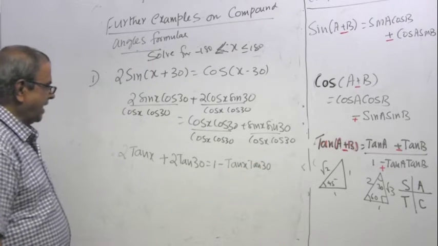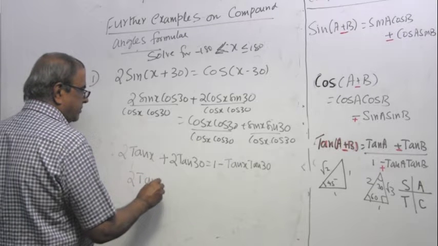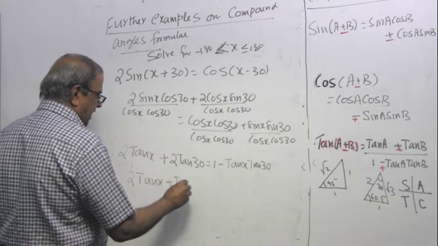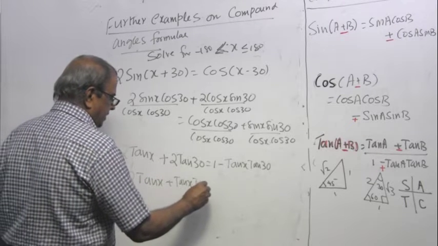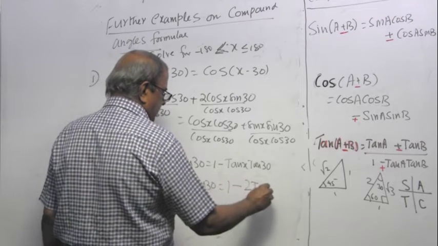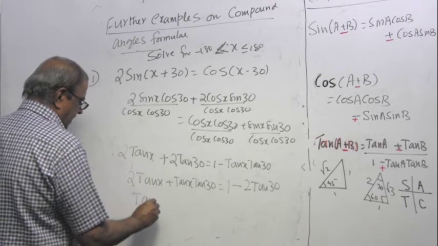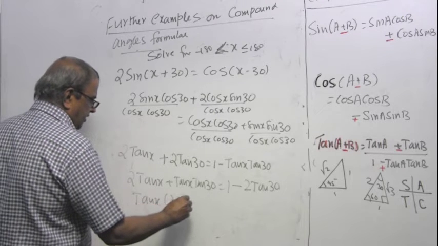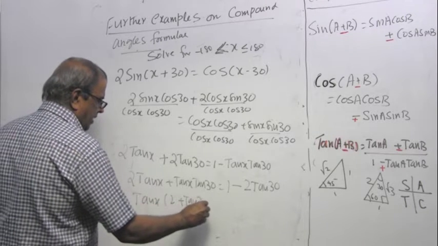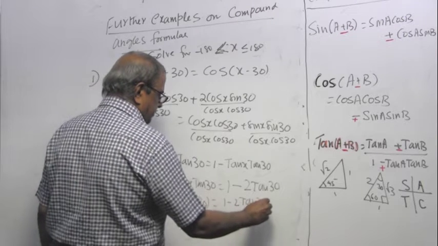From there, I can make tan x the subject. So 2 tan x plus tan x tan 30 equal to 1 minus 2 tan 30. So what is tan x? Tan x times 2 plus tan 30 equals 1 minus 2 tan 30.